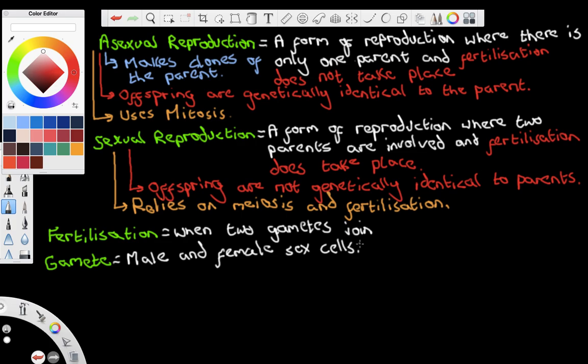Now, when sexual reproduction takes place, half of the chromosomes come from mom, half of the chromosomes come from dad, and this makes up what's known as the offspring's genotype. So the male sex cell, the sperm, provides half of the chromosomes. The female sex cell provides the other half of the chromosomes to make a complete organism.